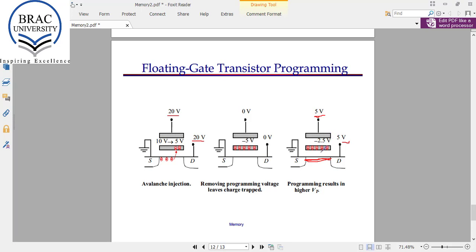If we excite these electrons with ultraviolet light, then they will jump from this metal layer back to the substrate. Then it will be like a normal MOSFET, and we can again program using these high voltages here.